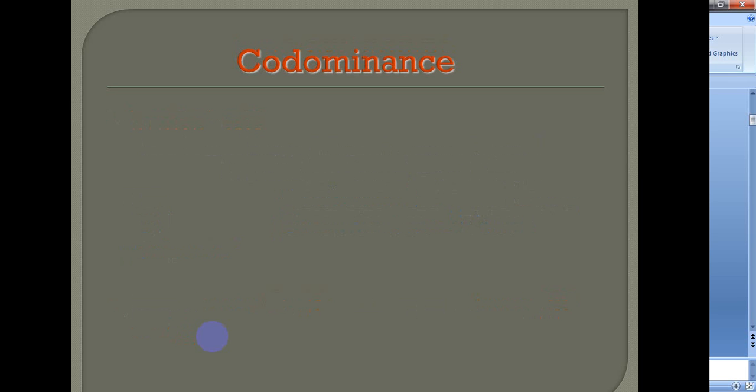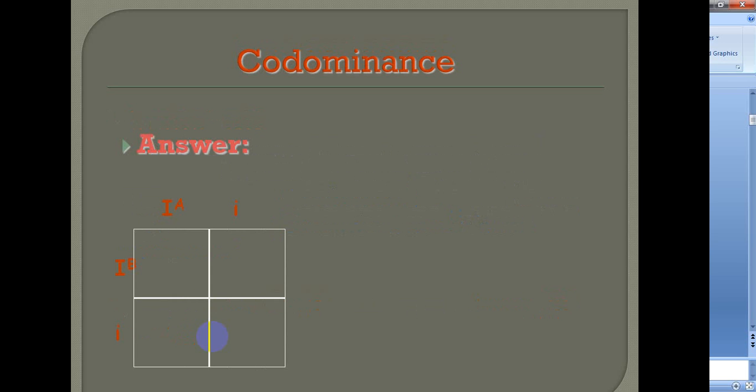If the parents are heterozygous A and B types, then you expect this kind of phenotypes.